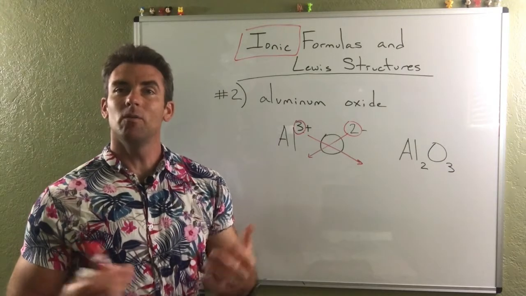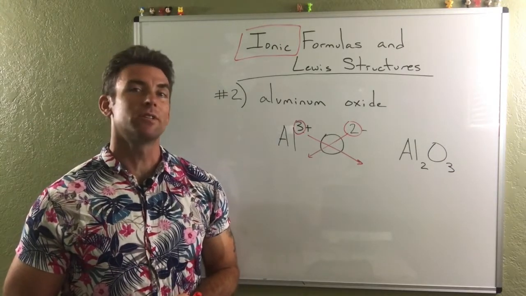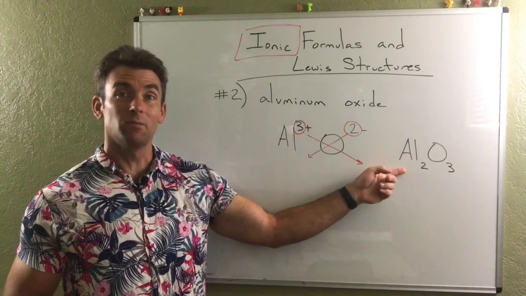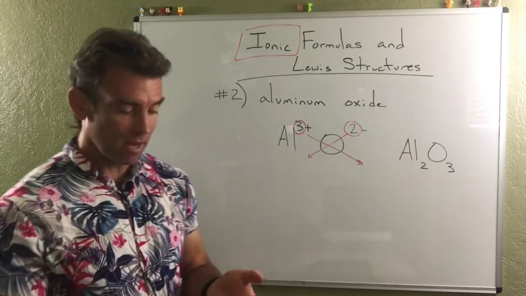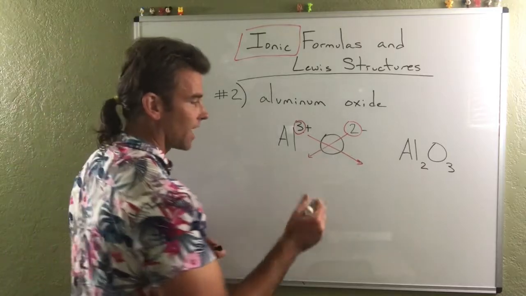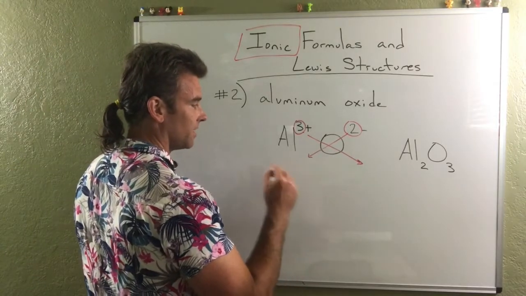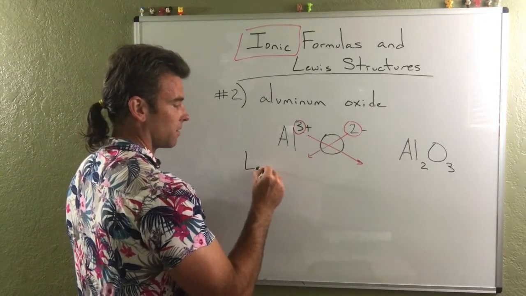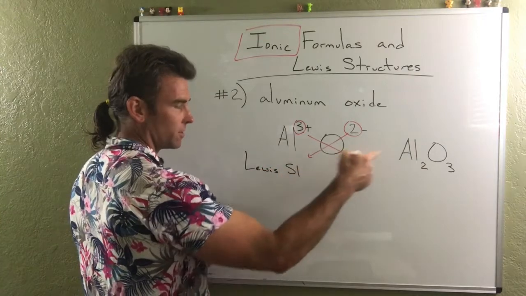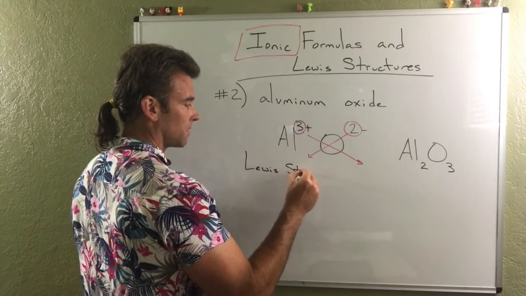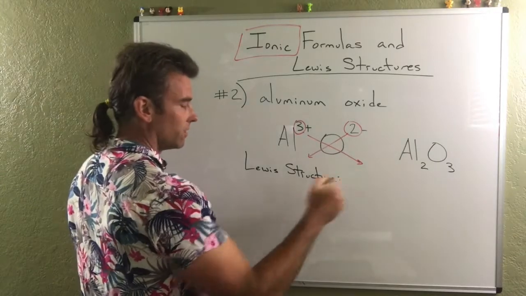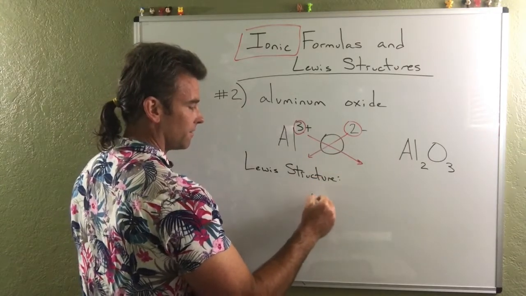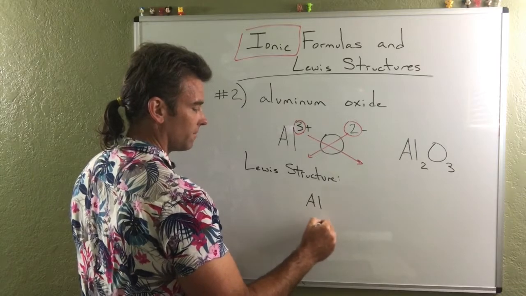At this point, we know how to do a Lewis structure. So all we do is look at how many aluminums I need and how many oxygens I need, and we're going to put each one of those cations and anions down. This is where I do the actual Lewis structure. That was just the formula. What I'm going to do is list off the 2 aluminums that are required.